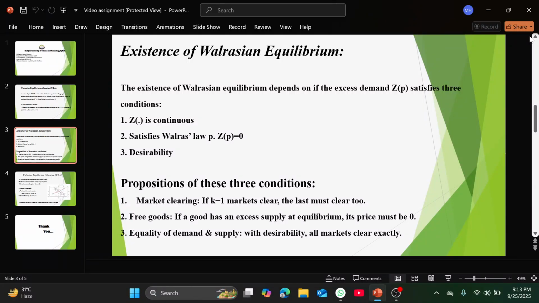Basically, the propositions on these three conditions are market clearing, free goods, and equality of demand and supply. First of all, market clearing: if K-1 markets clear, the last must clear too.